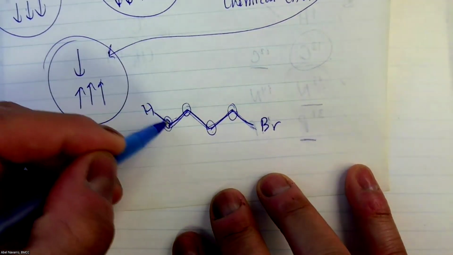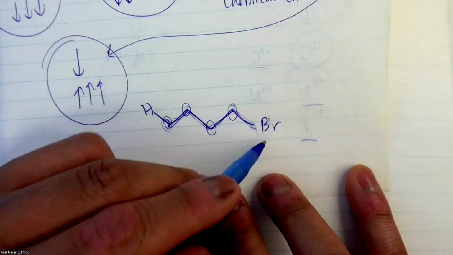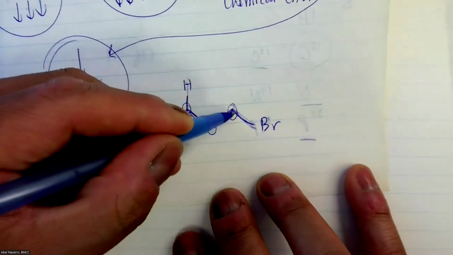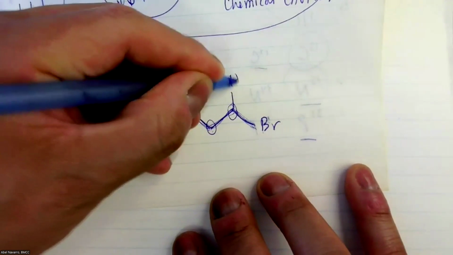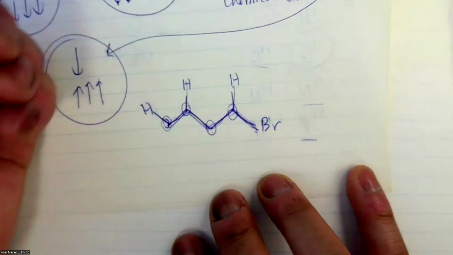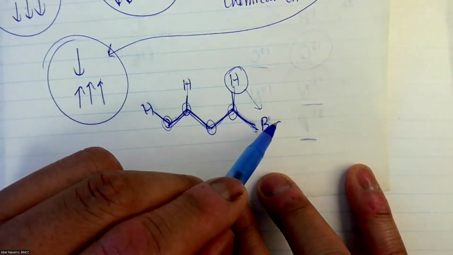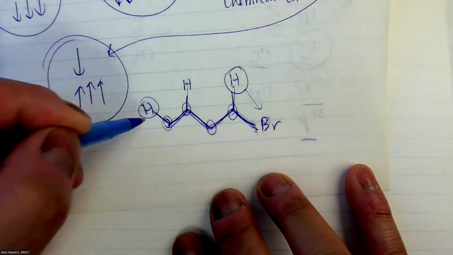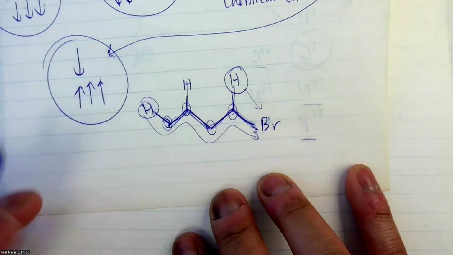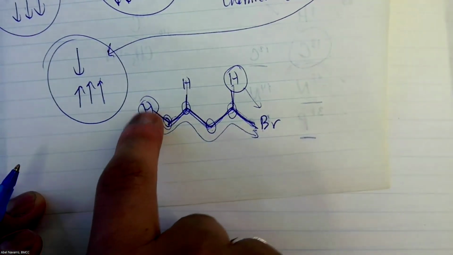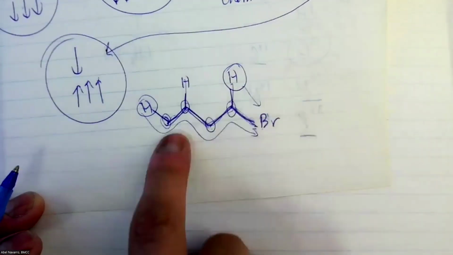The hydrogen would be 1, 2, 3, 4, 5 bonds away from the bromine. This hydrogen would be 1, 2, 3, 4 bonds away. This hydrogen would be 1, 2 bonds away from the bromine. So this hydrogen will feel the bromine stronger than this hydrogen. This hydrogen really has to go really far. So the response to the magnetic field will be different in these 2 cases or even these 3 cases.